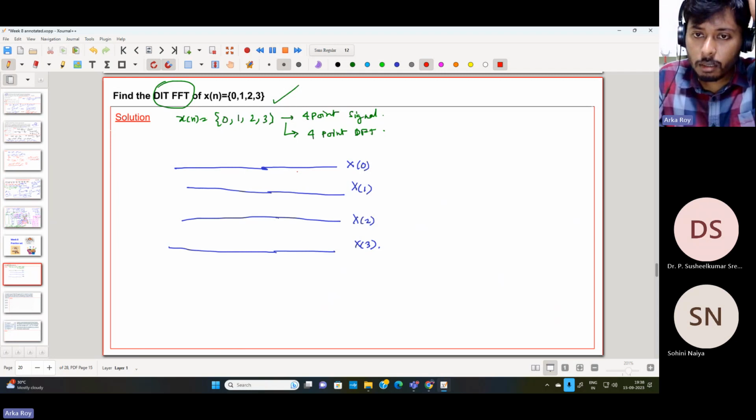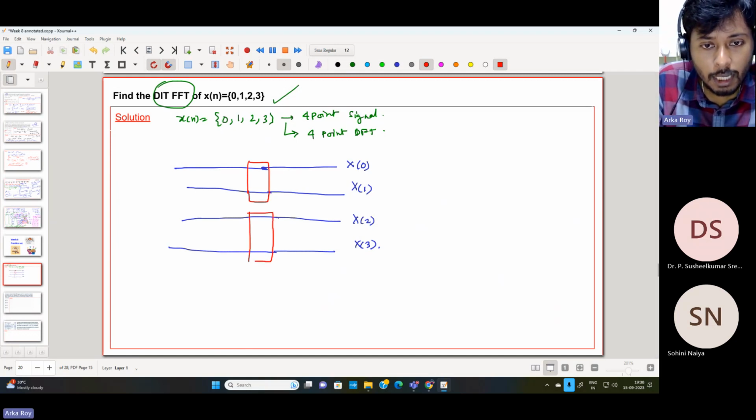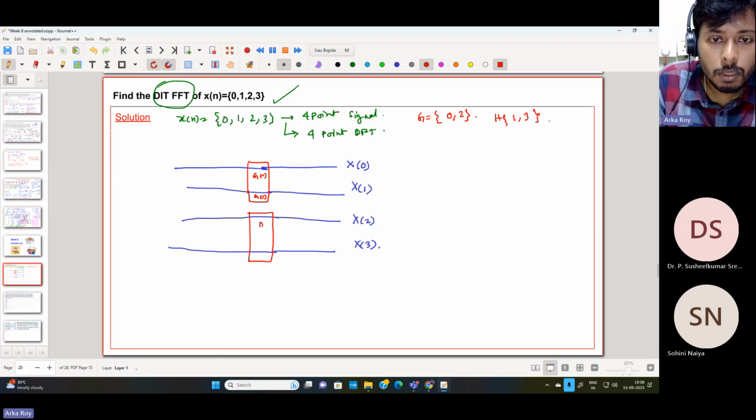So when I'm doing this x0, x1 computation, the butterfly will be, if I look at it in terms of the previous architecture, this could be G0, this could be G1. Your G is basically 0, 2, and your H is basically 1, 3. So this would be H0, this would be H1.